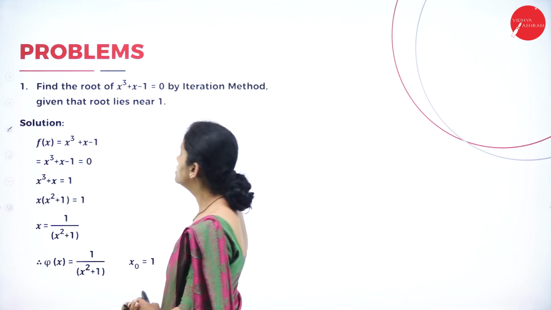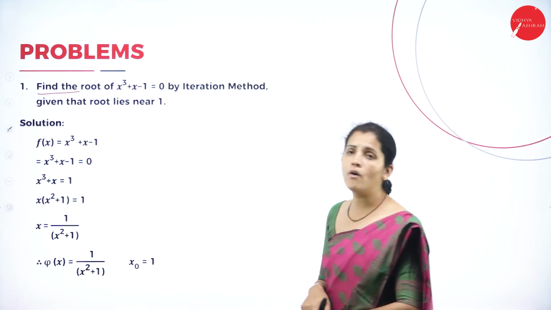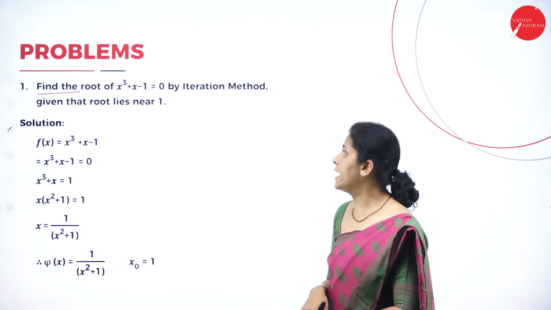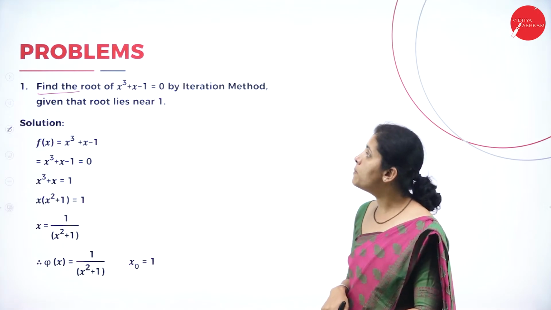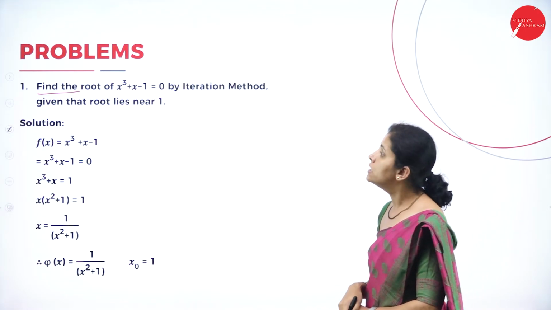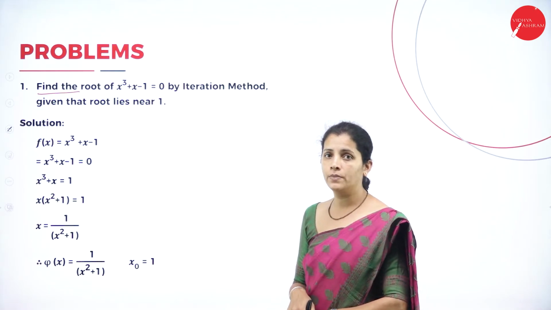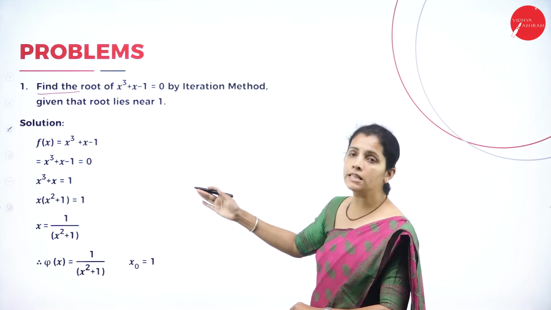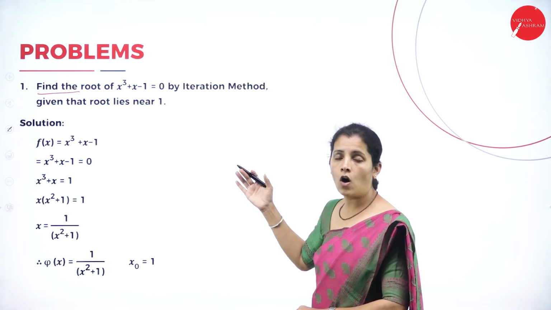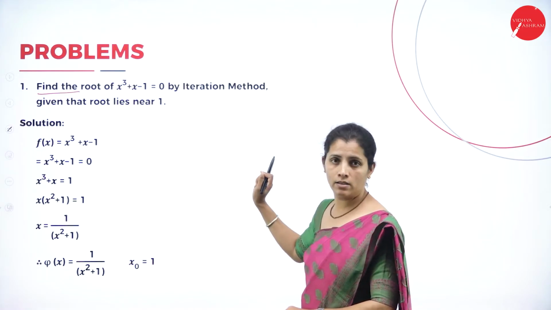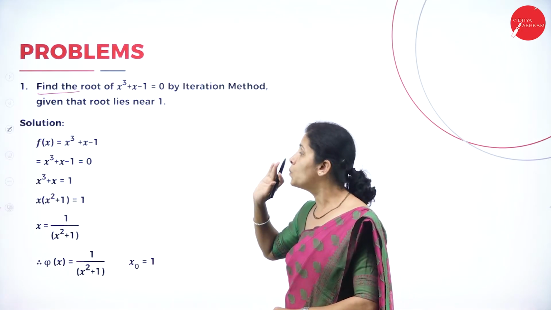What is my first problem? Find the root of x cube plus x minus 1 equal to 0 by the iterative method, given that the root lies nearer to 1. So, in the question they directly specified that the root is nearer to 1.